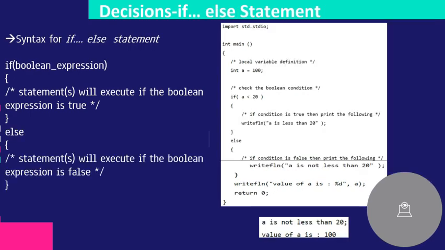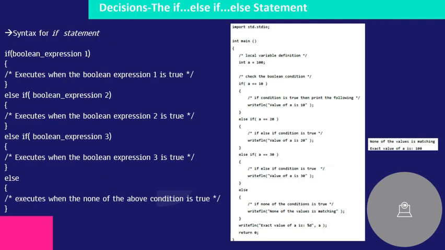Now, the if-else statement is similar to the if statement, but after the if block is completed, you add the else block, and you can see an example here. You have, of course, the if-else if syntax, and this will allow you to chain multiple if statements together.